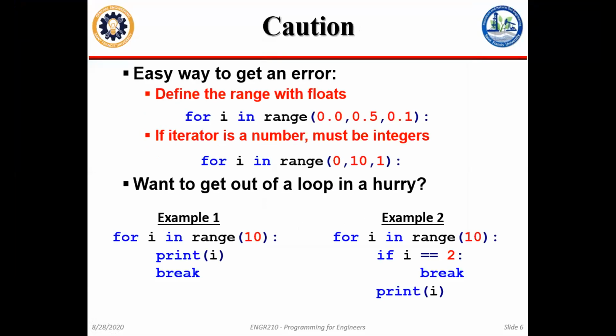It does not like to be floats. So an easy way to get an error is to define your range with floats, which, remember, is anything with a decimal point. If I do for I in range this, this, and this, it is not going to be happy with you. You will get an error from that. So don't do it. Always use integers when you're using the range command.